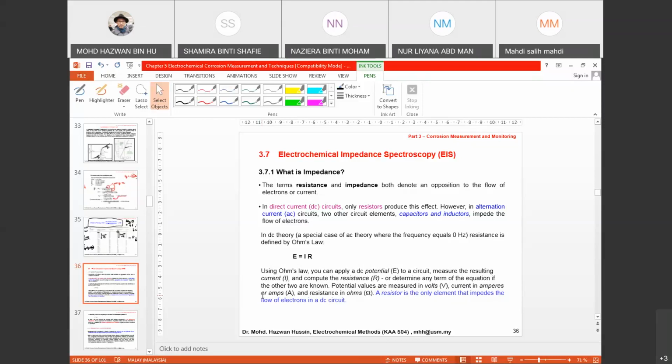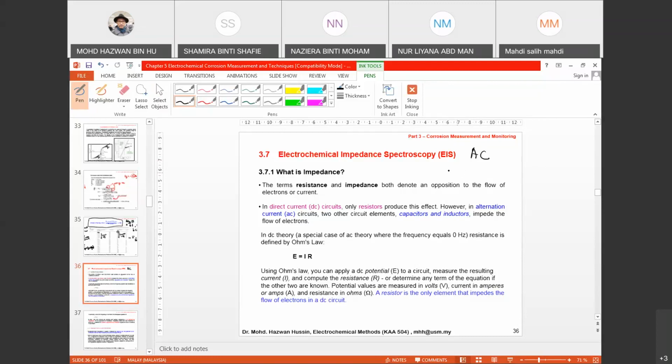The essential of the electrochemical impedance process is that it uses AC, alternating current, in comparison with other methods like potential dynamic polarization, linear polarization resistance, and electrochemical noise. All of those use direct current. For EIS, you will use alternating current. That is why it is named impedance. Alternating current means that the current flows in and flows out. It does not flow in one direction.